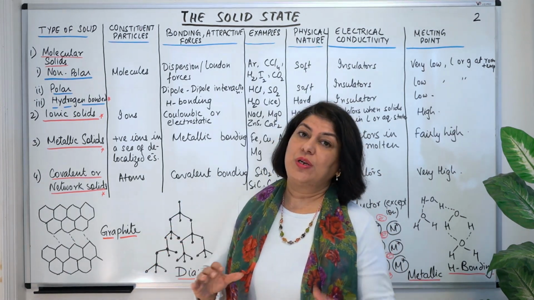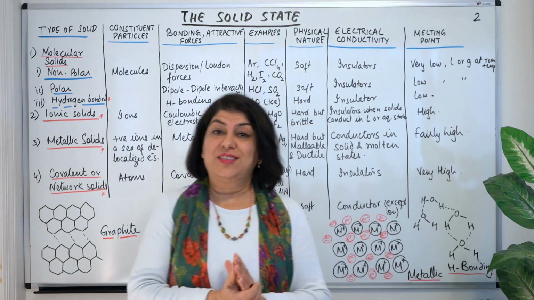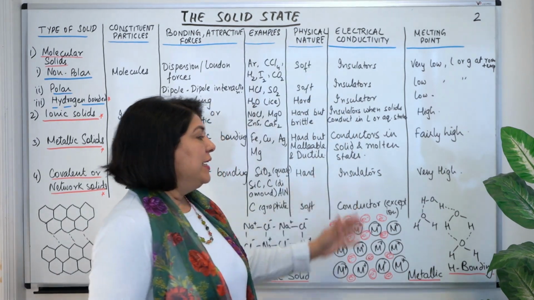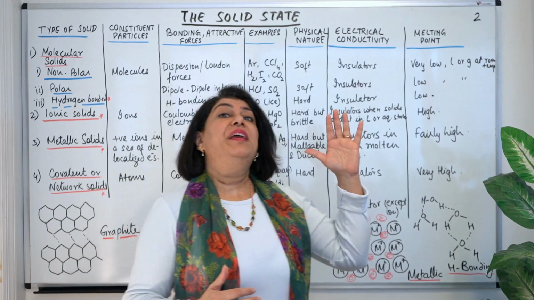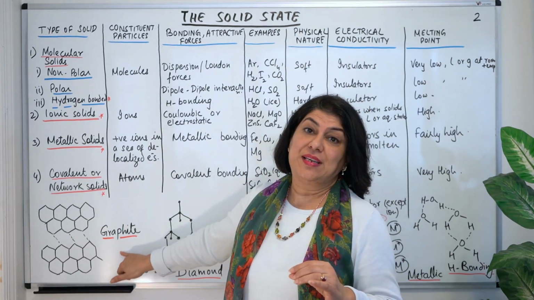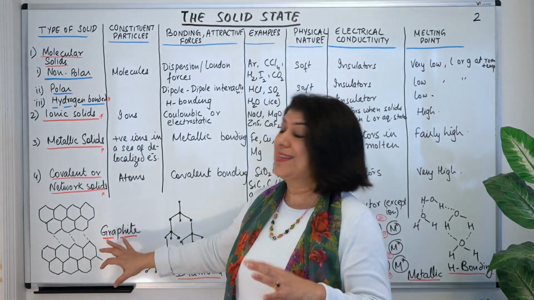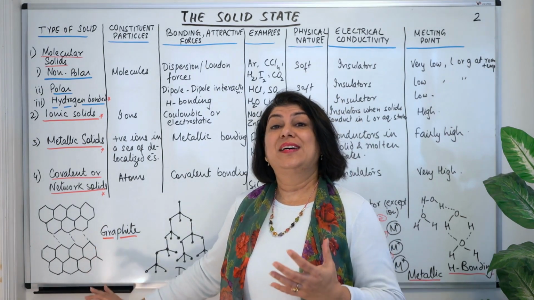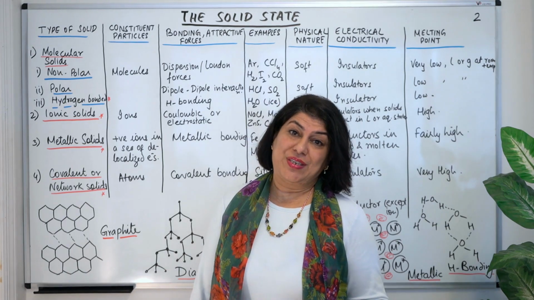Therefore network solids do not conduct electricity. So they are insulators and their melting points are very high. But the exception in this category is graphite. Graphite, although it is a network solid, is an excellent conductor of electricity.